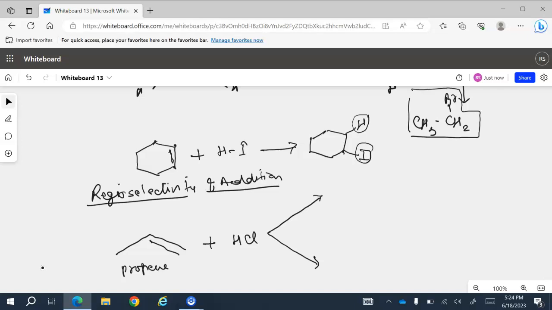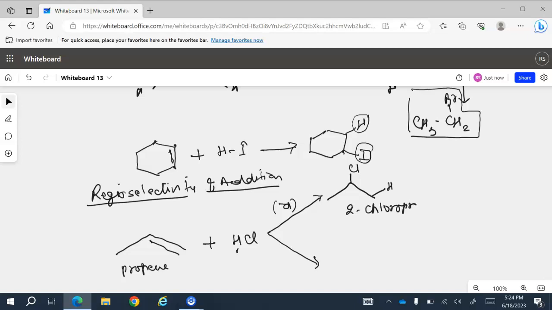One possibility: we add this hydrogen to the terminal carbon with the two hydrogens, and chlorine to the middle carbon. Say this is path A, then we will have the product. Hydrogen is added to the terminal carbon, and chlorine is added to the middle carbon.